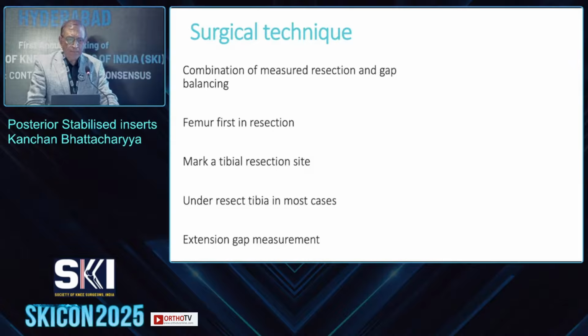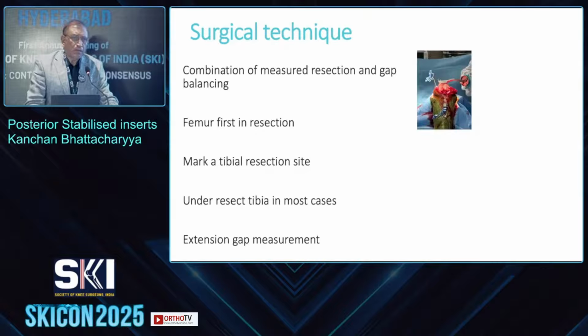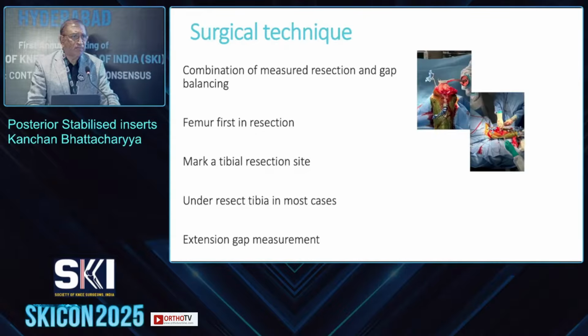Conservative releases. I use a combination of measured resection and gap management. I take the distal femur off, then mark the tibia with the insert so that I do not overcut it.